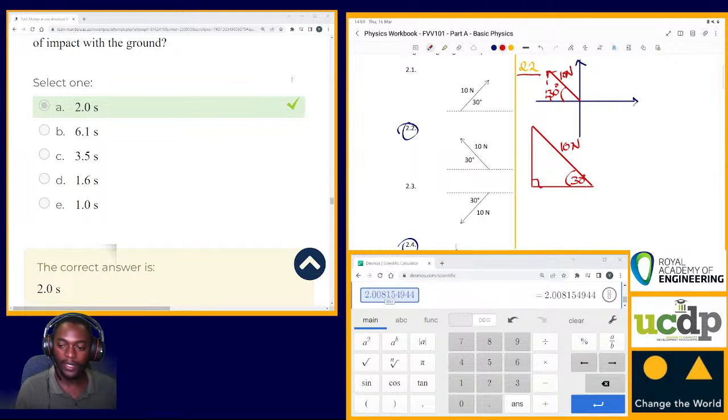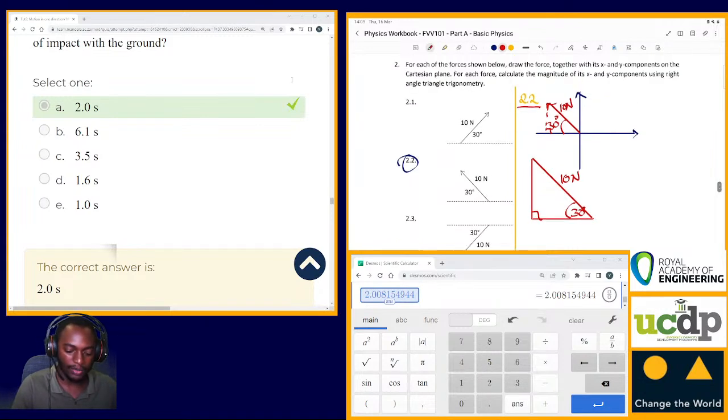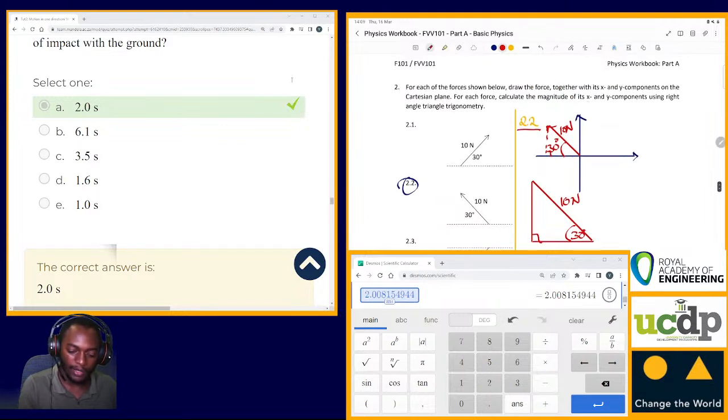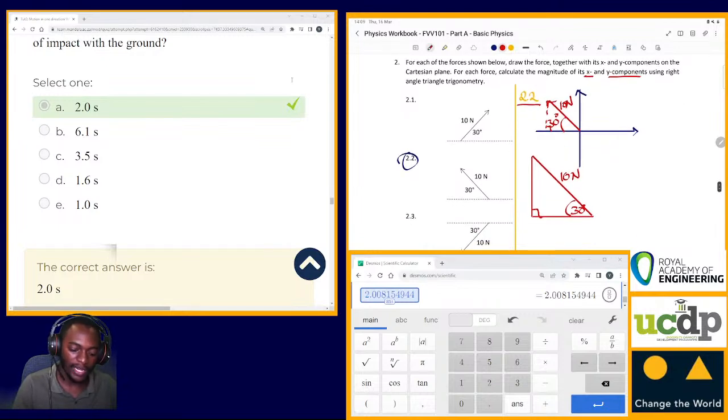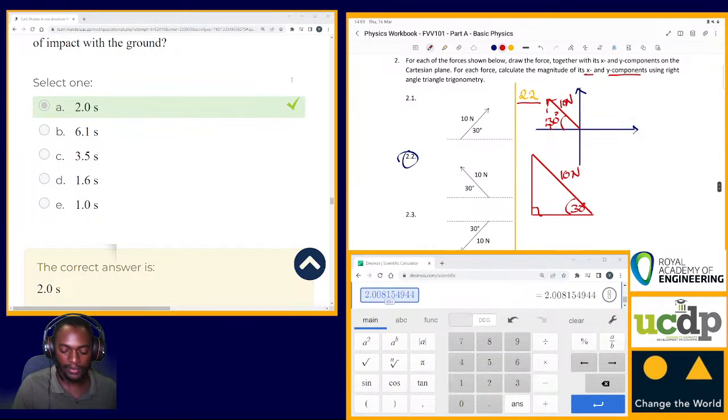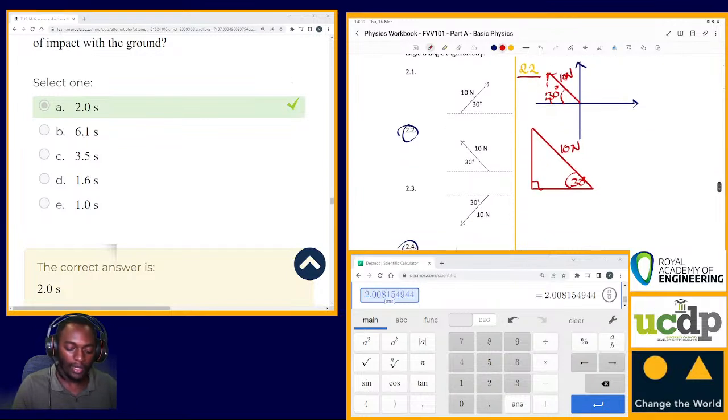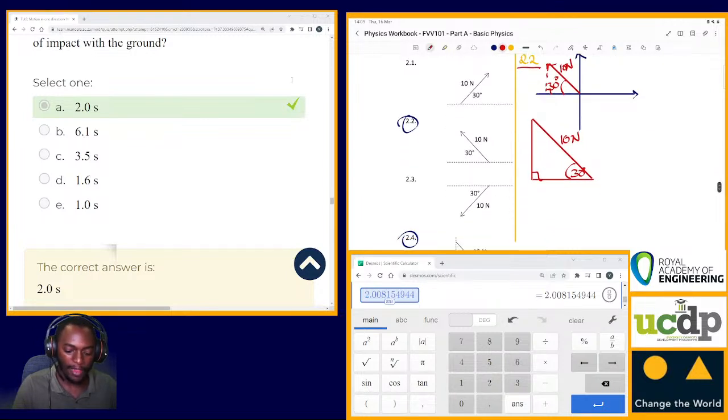Right, so once we've formed our right angle triangle, what then do we do? We are supposed to find the magnitude of the x and the y component using right angle triangle trigonometry, right? So that is what we're going to do. So we need the x and the y components.